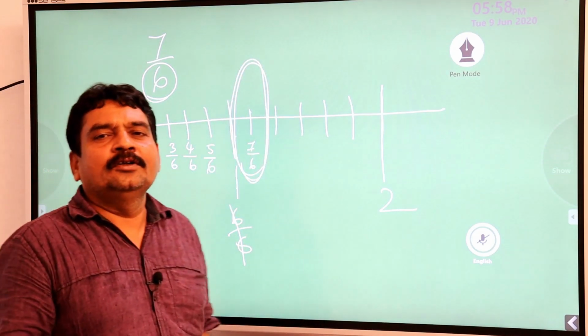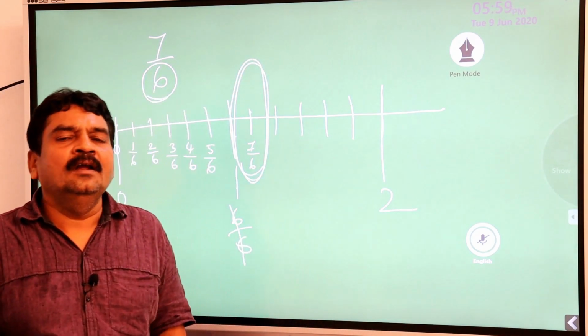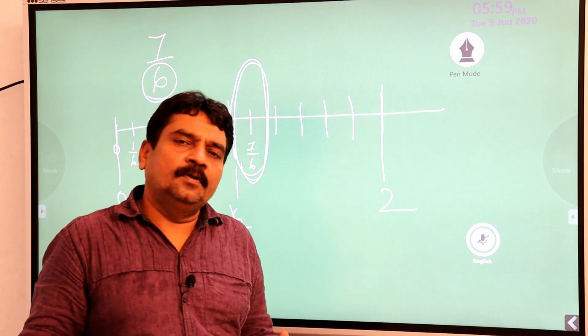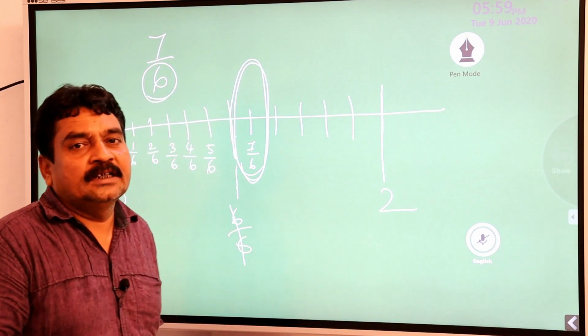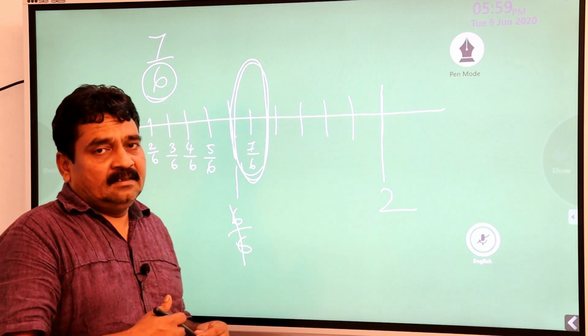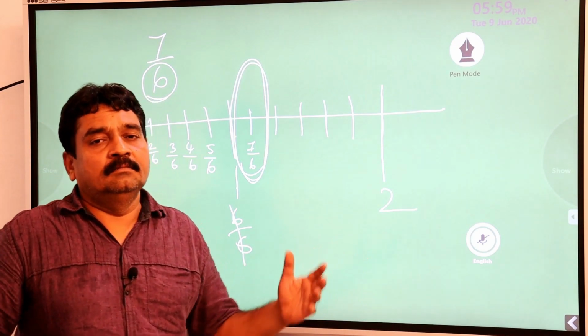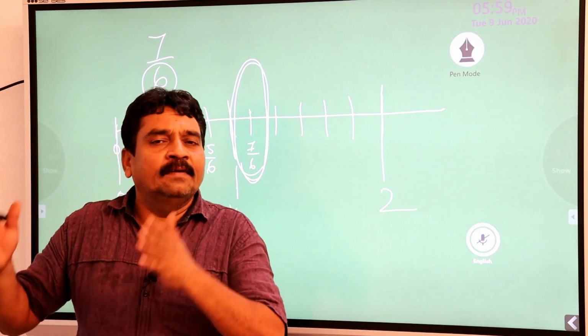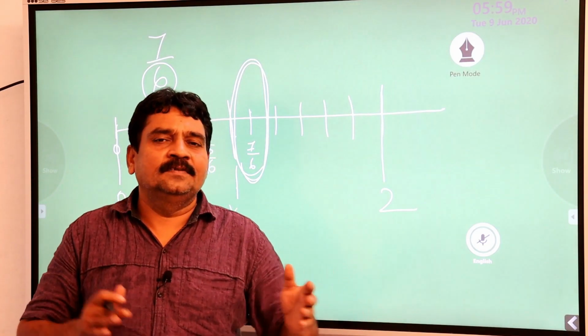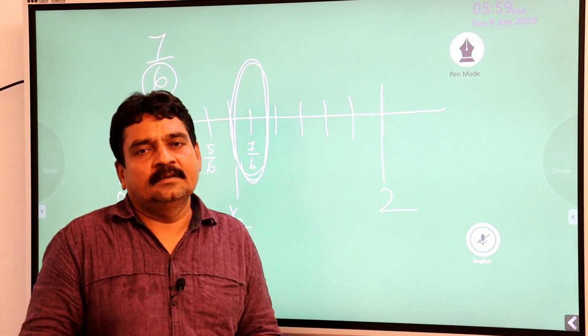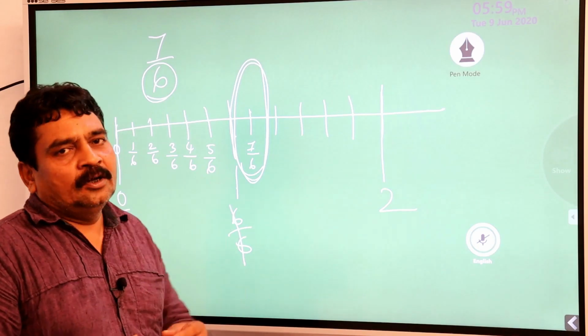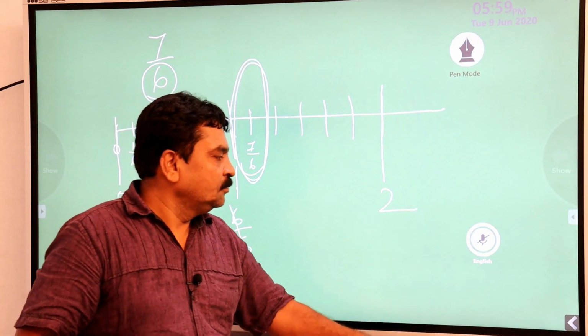In this way you are going to represent fractions on a number line. Hope you have understood. I have given two examples. If it is say 7 by 20, it means you have to divide into 20 partitions between consecutive numbers to represent that fraction on a number line.